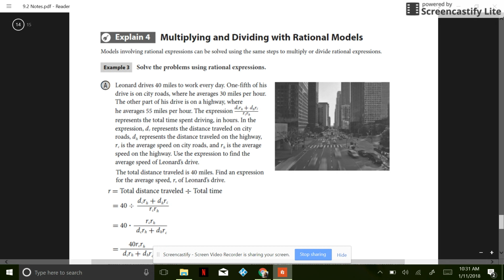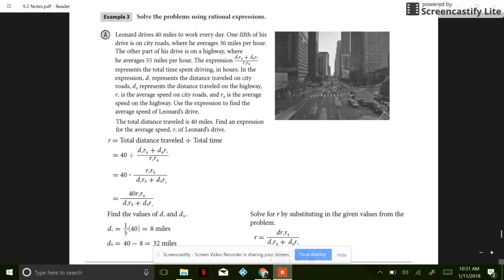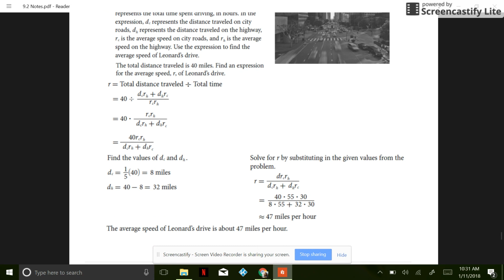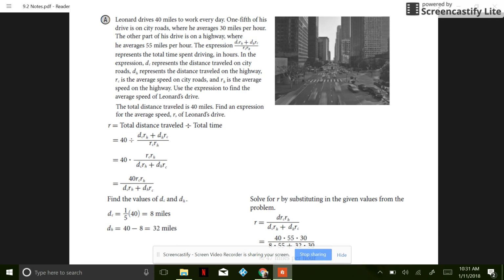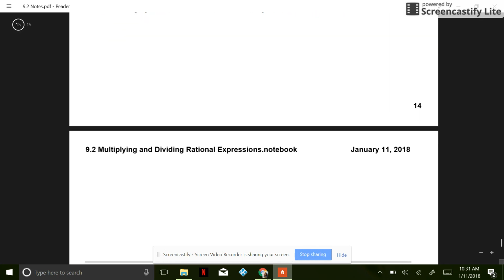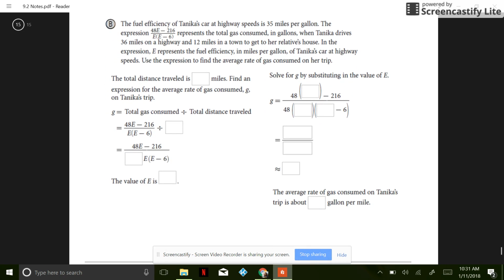So if we want to use a rational model, a real-world problem, models involving rational expressions can be solved using the same steps to multiply or divide. So they're giving us some information here, and you can look through this example on your own. It kind of walks you through it as needed. We're going to work through the next example, though, together. So the fuel efficiency of Tanaka's car at highway speeds is 35 miles per gallon. That is her efficiency.